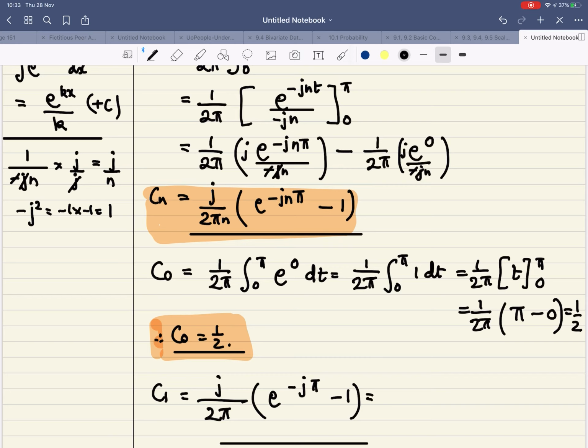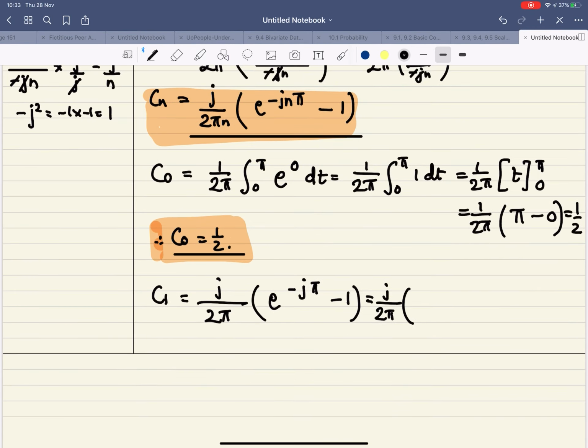Right, what you've got to remember here, e to the j theta is what we had before, e to the j theta is cos theta plus j sine theta. So our theta in this particular case is minus pi, everything but the j.